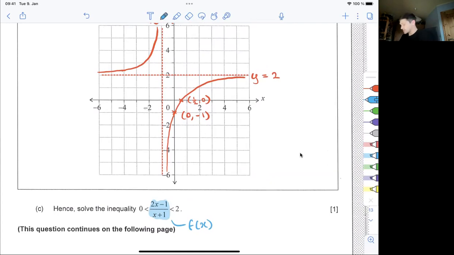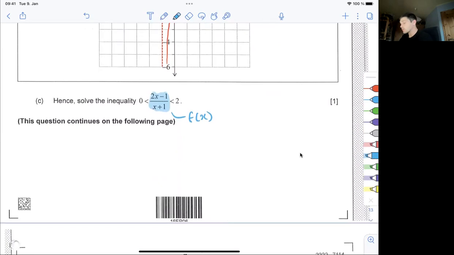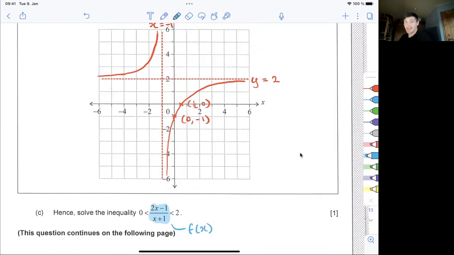We can specifically see that is from this point onwards here, from the x-intercept onwards. Since we found the limit, f(x) will never touch y is equal to 2. So the answer to solving this inequality is just x needs to be more than a half.